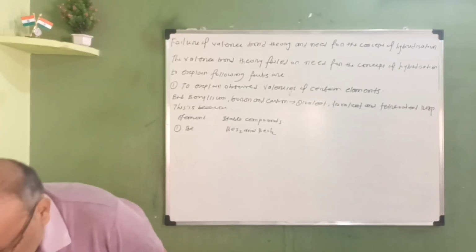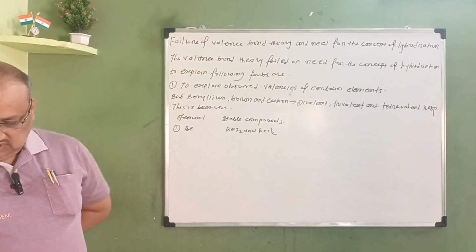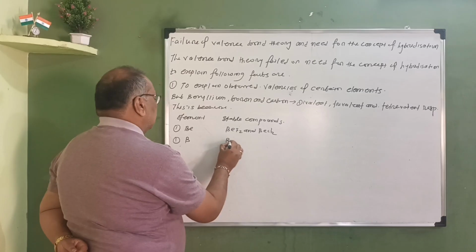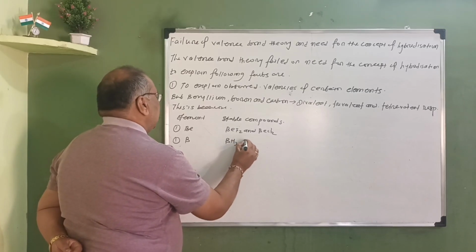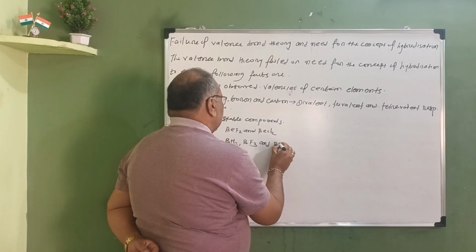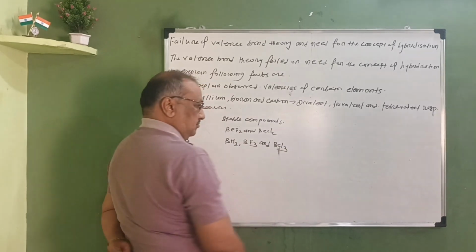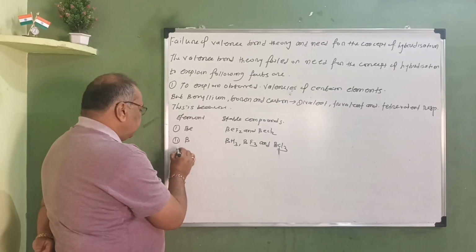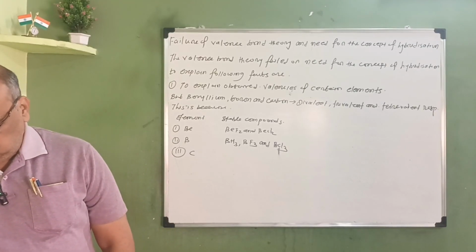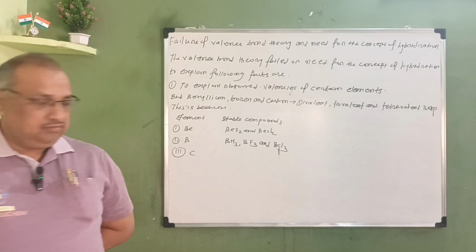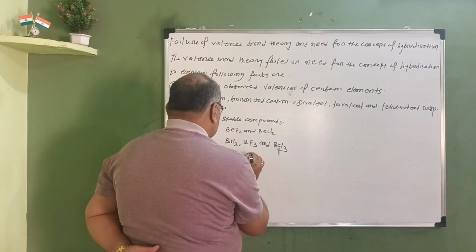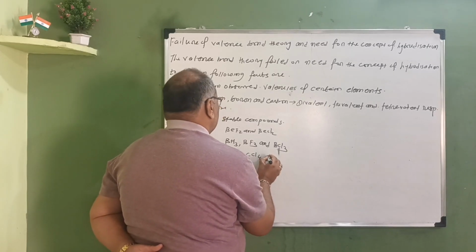Boron forms stable compounds like BF3 and BCl3, and carbon forms stable compounds like CH4, CCl4 and CH3Cl.